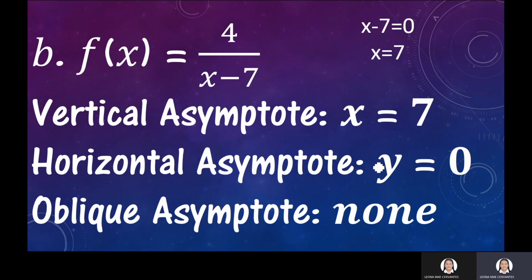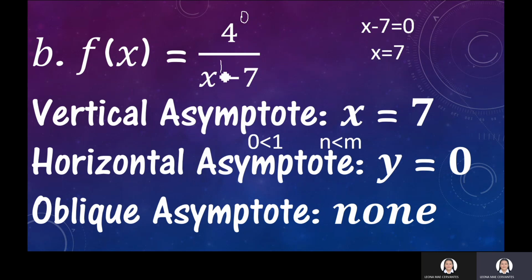Then x is equal to positive 7. Vertical asymptote, x is equal to 7. Then for horizontal asymptote, highest exponent ng numerator, 0.